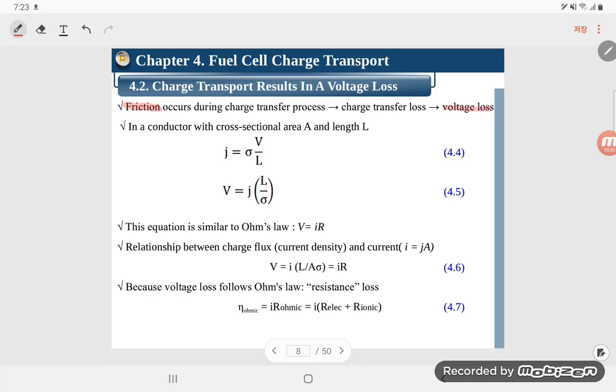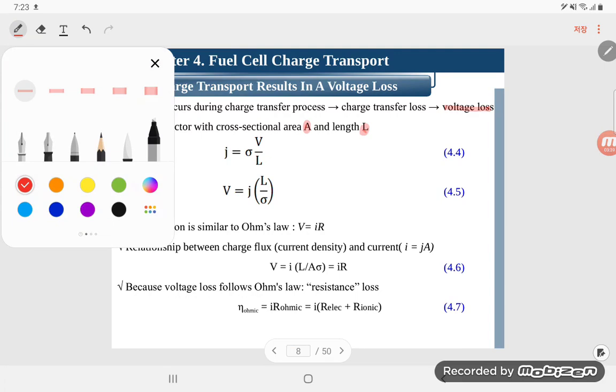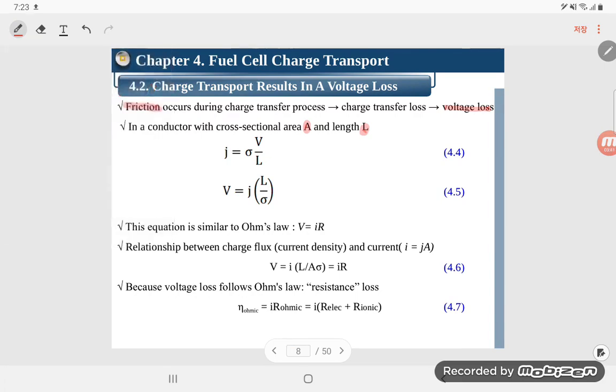In a conductor with a cross-sectional area A and length L, as we derived before, J is expressed like this, right? And V equals this, following this equation. Here, V equals IR, and the relationship between charge flux, which is the current density, and current is I equals JA, right?